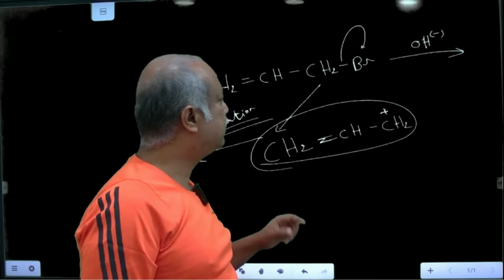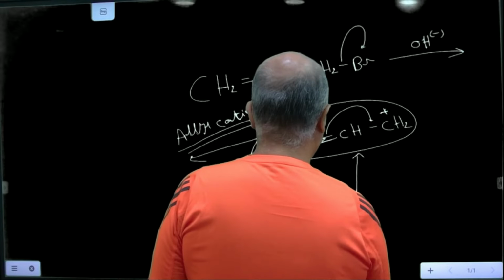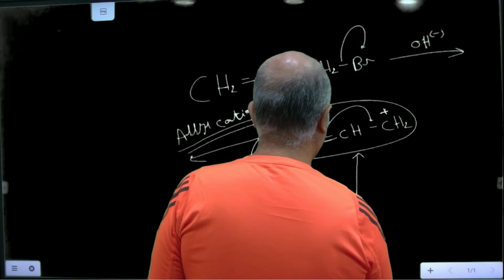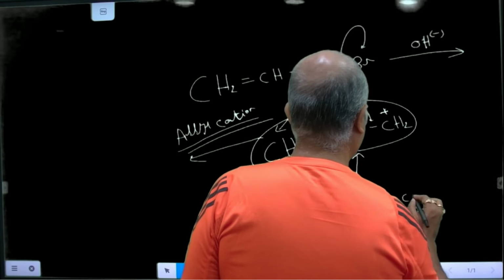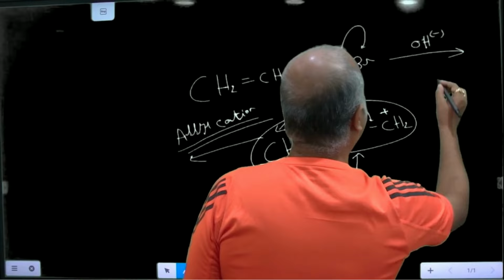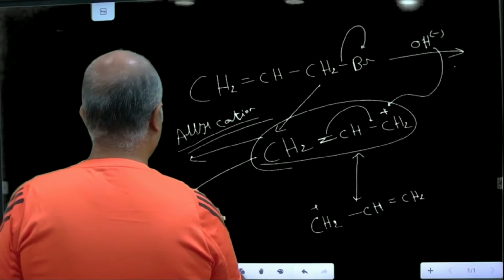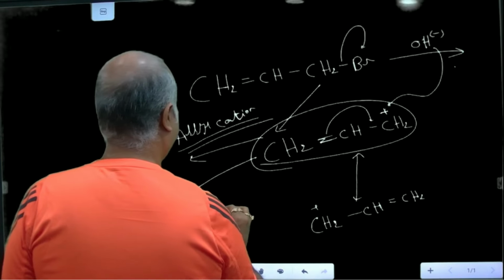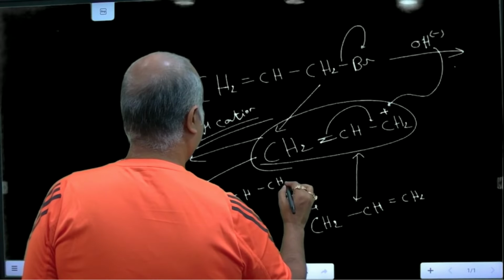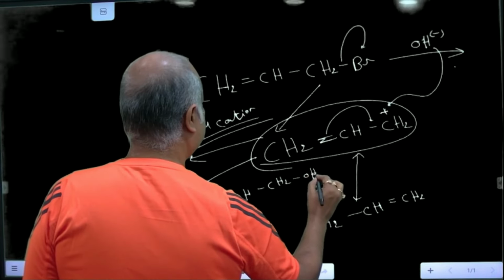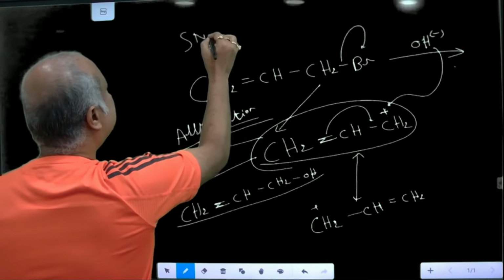Allyl cation is a stable carbocation, a resonance stabilized carbocation. So OH minus can attack and it will give CH2 double bond CH, CH2 OH. That is allyl alcohol. That is preferable for SN1 mechanism.